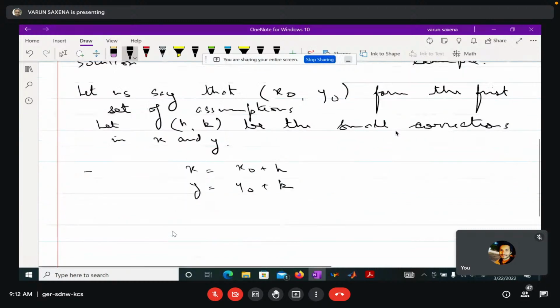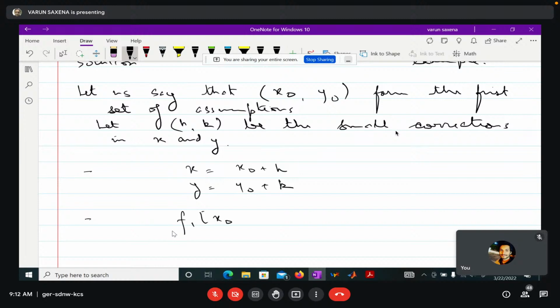So assuming the above two equations, the next step is that f1(x0 plus h, y0 plus k) is equal to 0, and f2(x0 plus h, y0 plus k) is equal to 0.